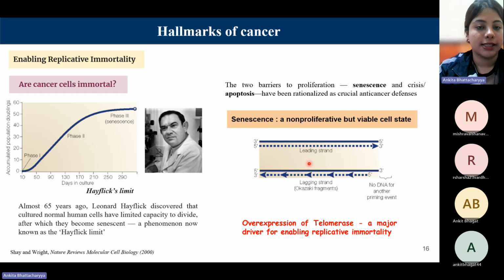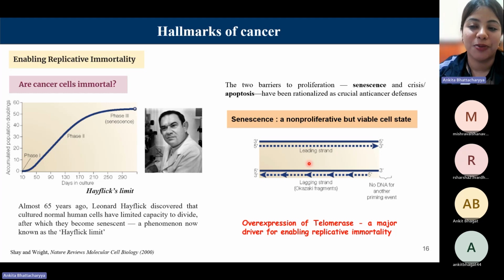And think of our genome as a thread. So it has ends while the bacterial genome does not have ends. Every time that DNA divides, the ends of the DNA do not get replicated. This is called the end replication problem.